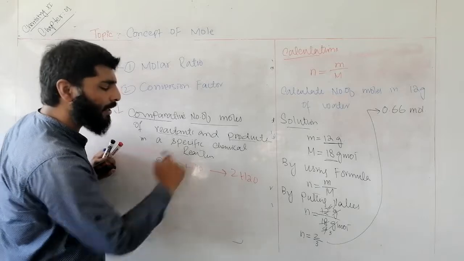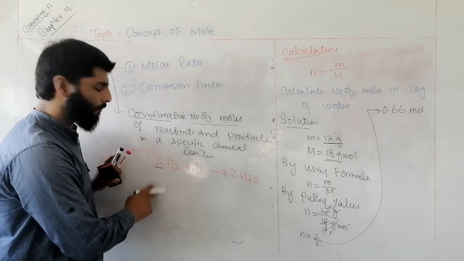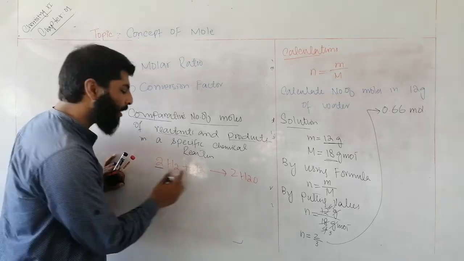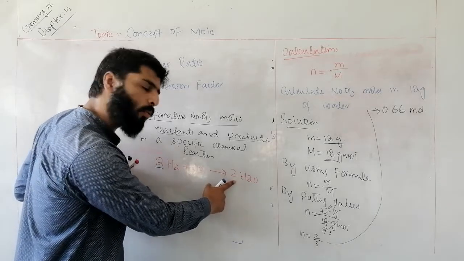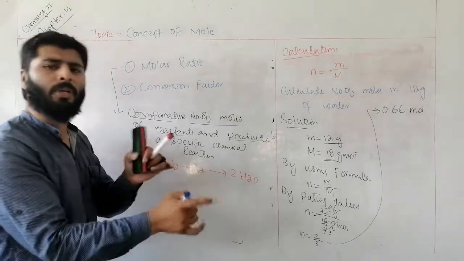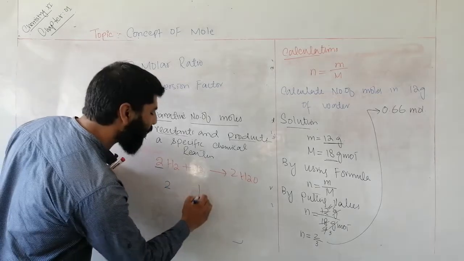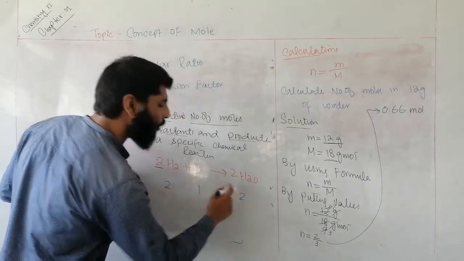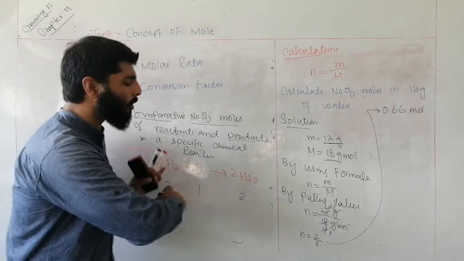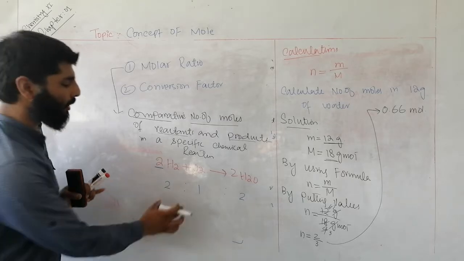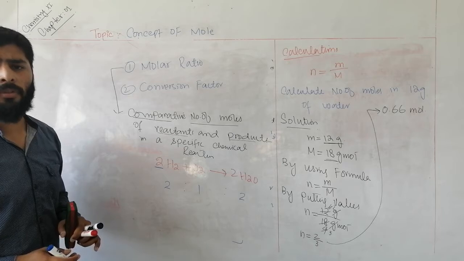Or according to this equation, there are 2 moles of hydrogen reacting with 1 mole of oxygen to produce 2 moles of water. So the comparative number of moles of reactants and products are 2 moles for hydrogen, 1 mole for oxygen, and 2 moles for water. So it is the molar ratio, comparative number of moles of reactants and products. This is known as mole ratio or molar ratio.